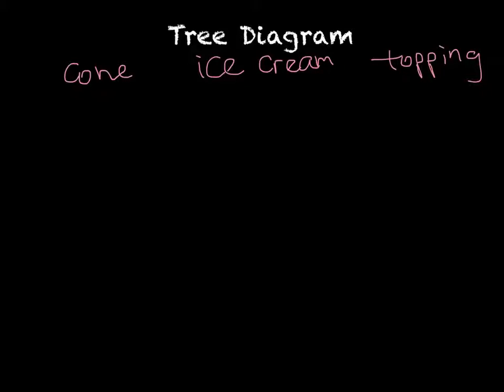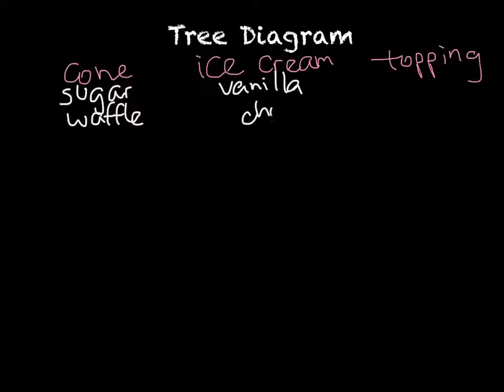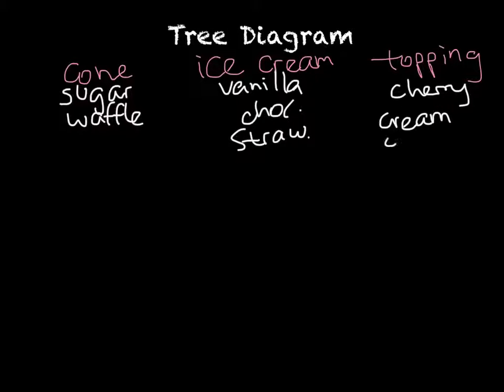So for cones, you can either choose a sugar cone or a waffle cone. Ice cream, let's just say we have vanilla, chocolate, and strawberry. And for toppings, we can choose to have cherry, whipped cream, or Oreos.